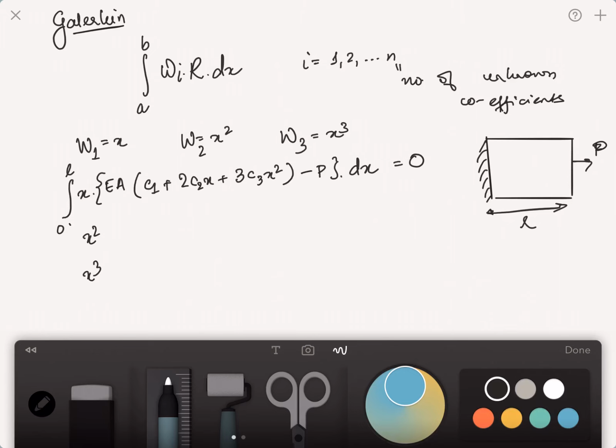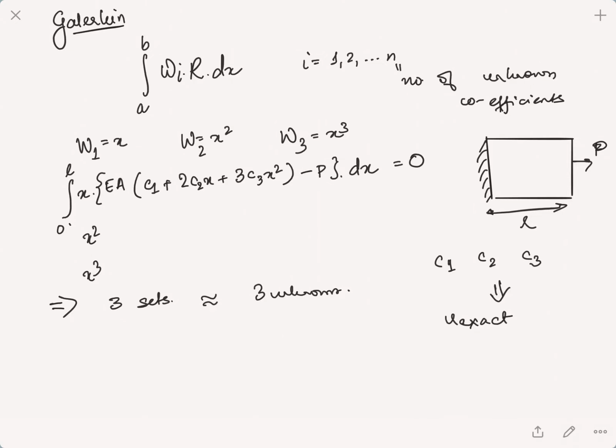When you solve this system of equations, you will end up with 3 sets of equations, corresponding to 3 unknowns. When you solve them, you will get the values of C1, C2, and C3, which will lead to the exact value of U that you have been looking for. So that's the Galerkin method, right?